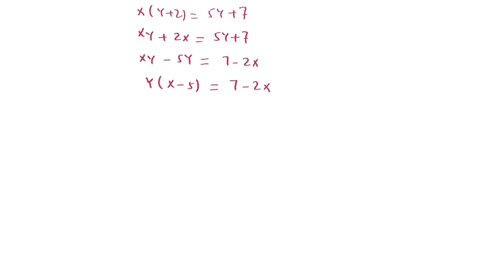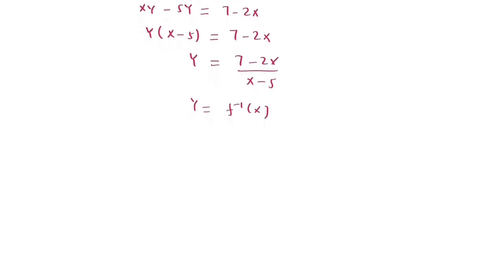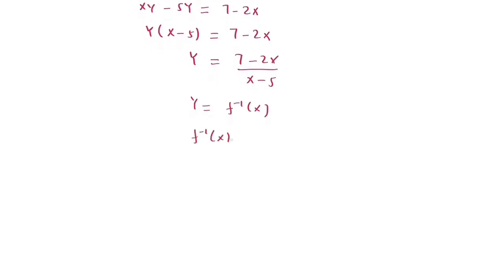Next, we are going to divide by x minus 5 on both sides. Then our equation is going to be y equals 7 minus 2x over x minus 5. Now we are going to let y equal the inverse function of x. Then the inverse function of x equals 7 minus 2x over x minus 5.